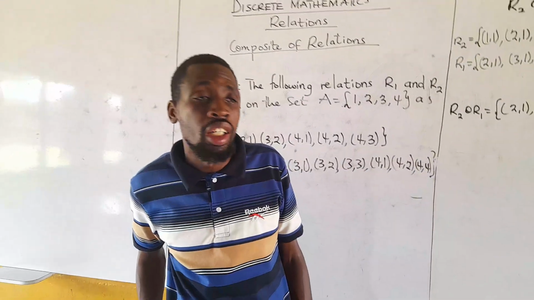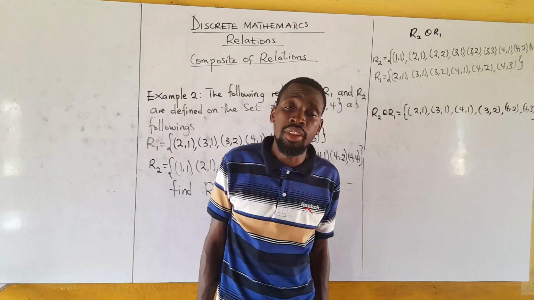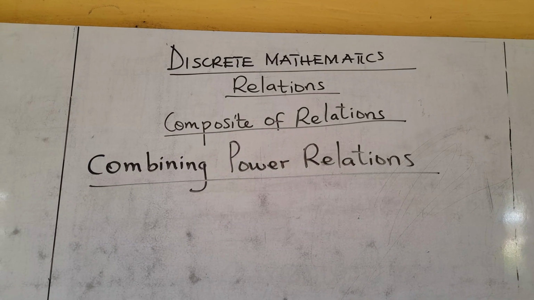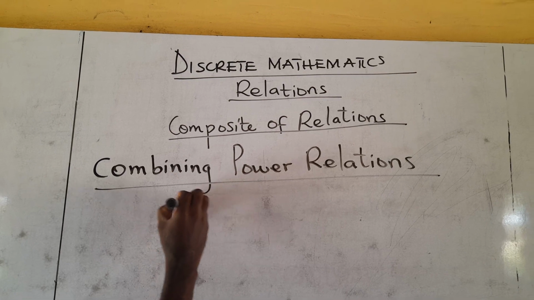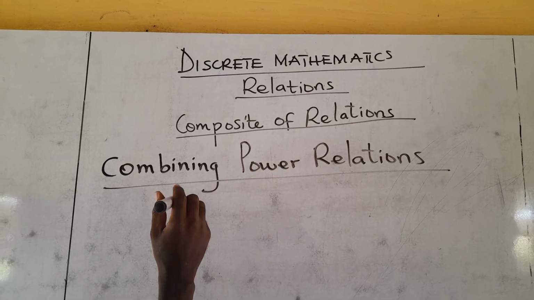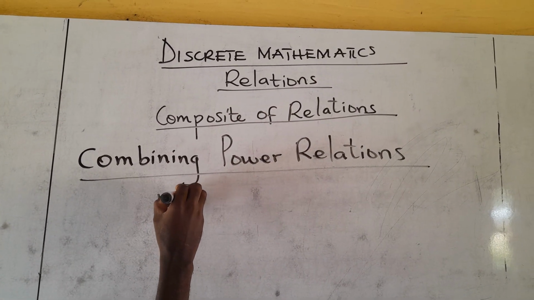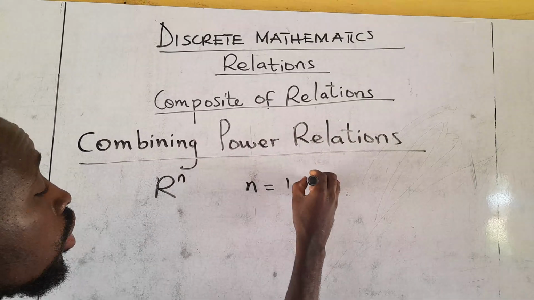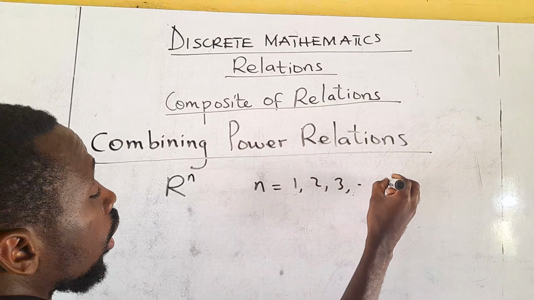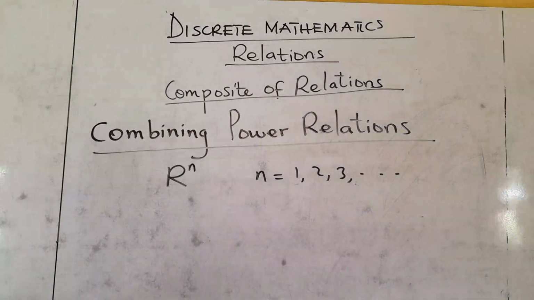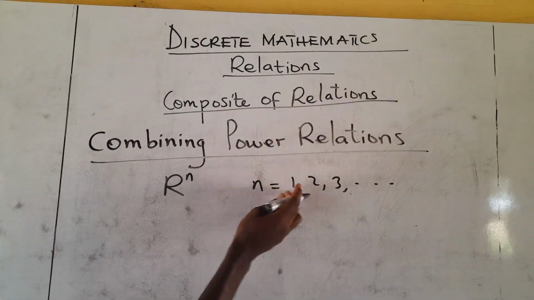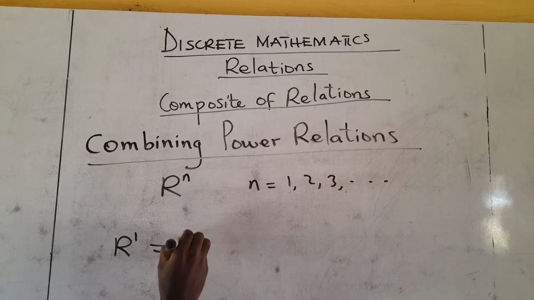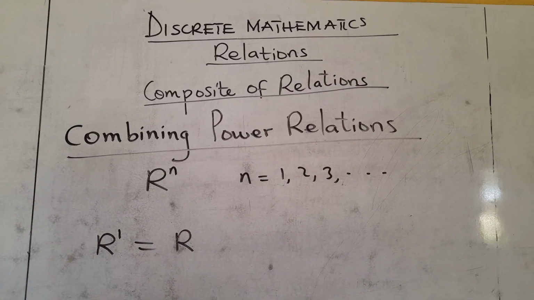The next thing we look at is power relations. Let's say R is a relation, then the power relation is a relation in the form R exponent n, where n is equal to 1, 2, 3 in that order. If n is 1, we have R exponent 1, which is the same as R generally.